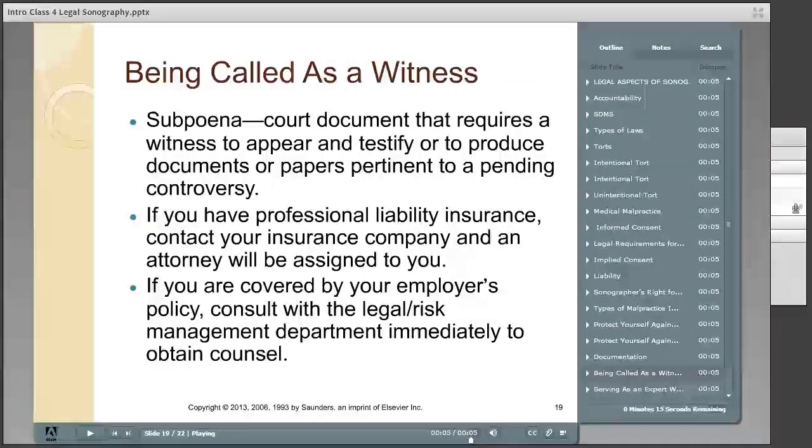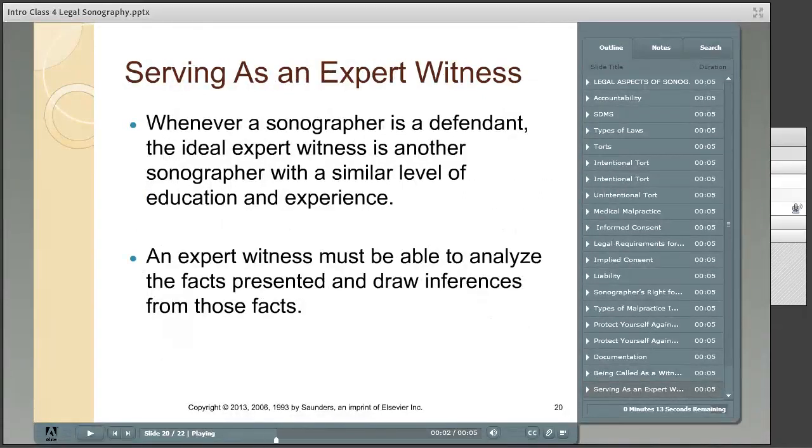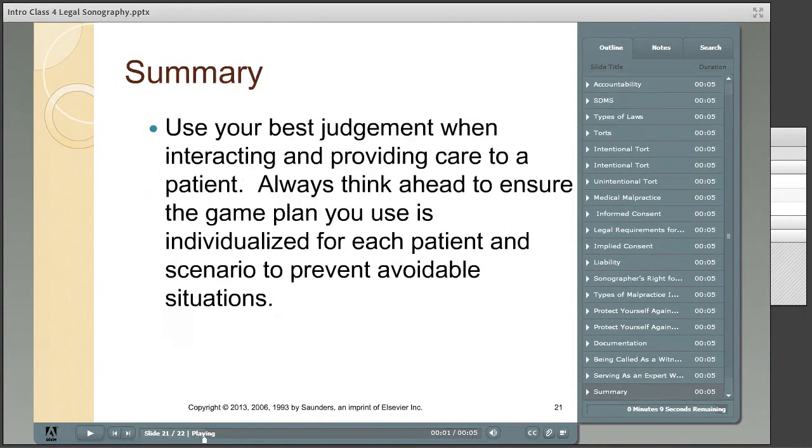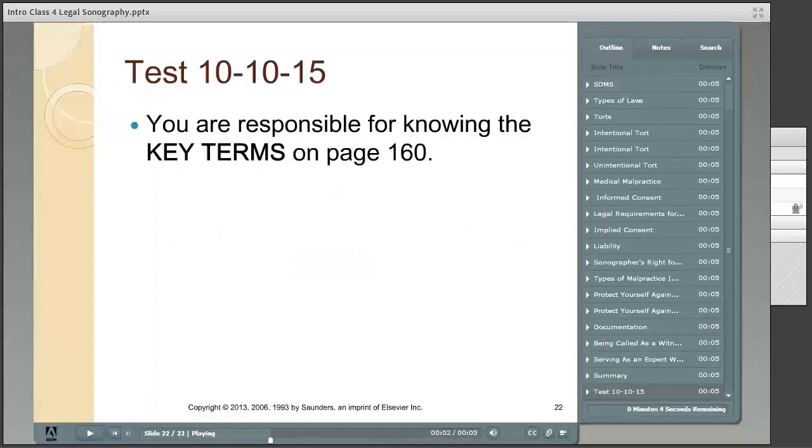There are many different reasons why someone would file an intentional tort. But for the sonographer, the main two are breach of confidentiality and invasion of privacy. With the advances of computerized health records, the intrusion into someone's private life is obtainable by many people.